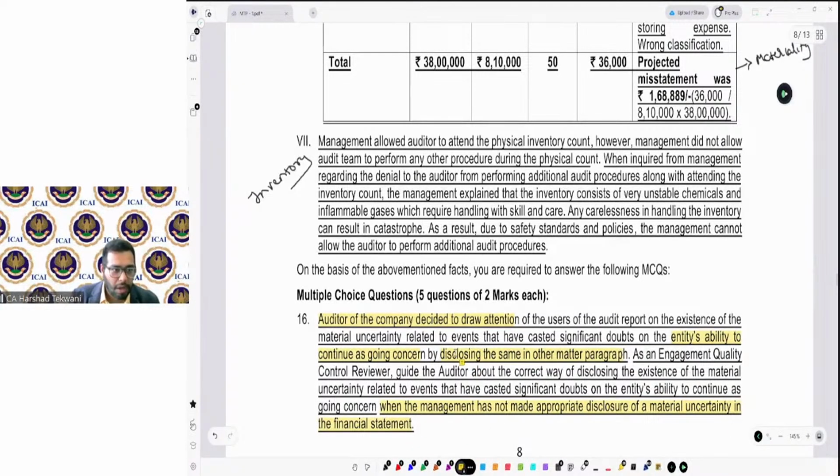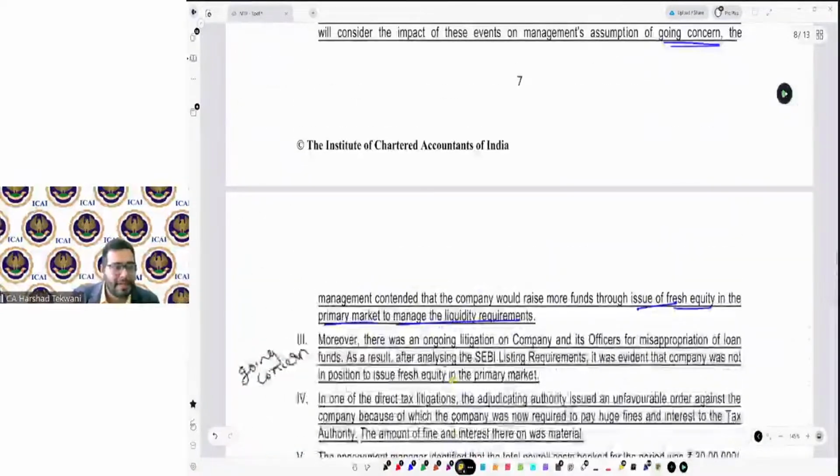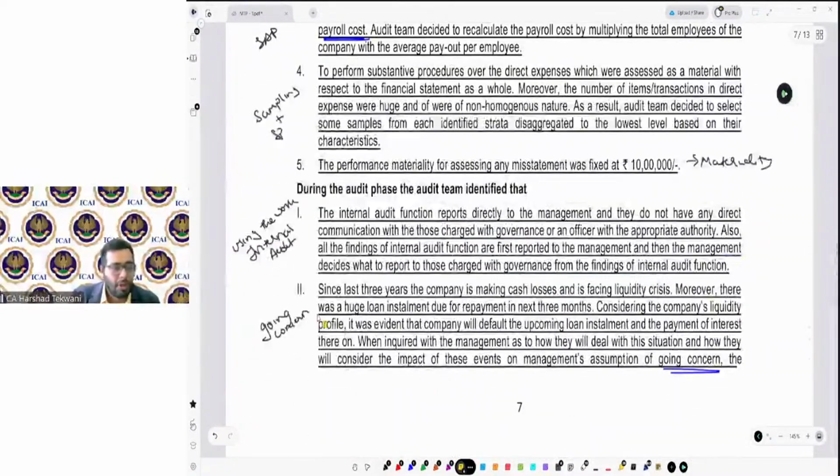Now, we have going concern details given to us: the company was making cash losses for the last 3 years, facing a liquidity crisis, with a huge loan installment due for repayment in the next 3 months. Okay, the company will default on the upcoming loan installment and payment of interest thereon.